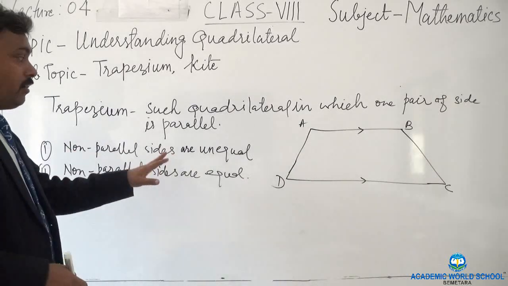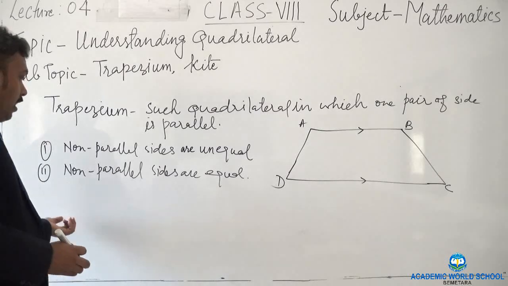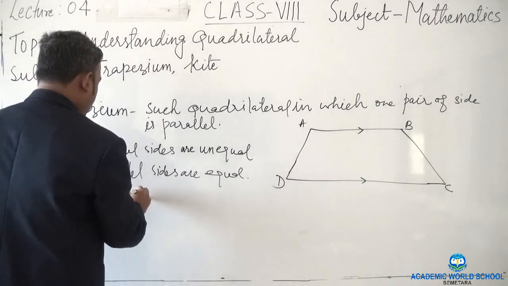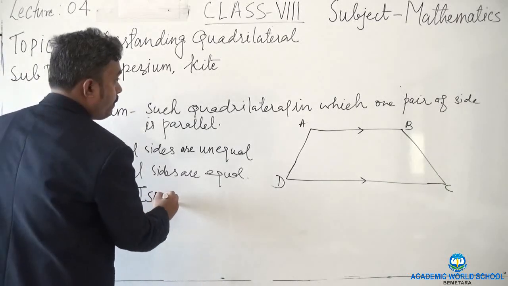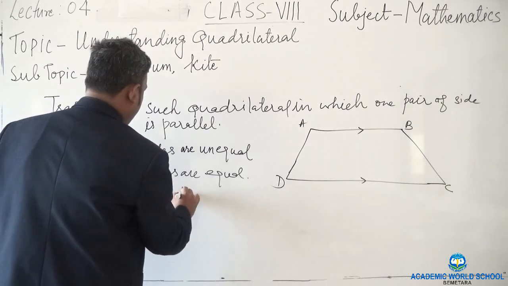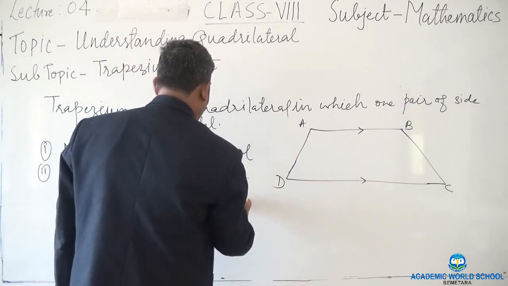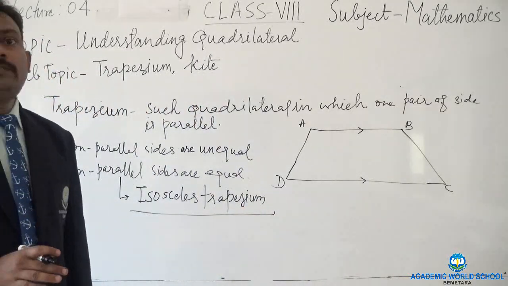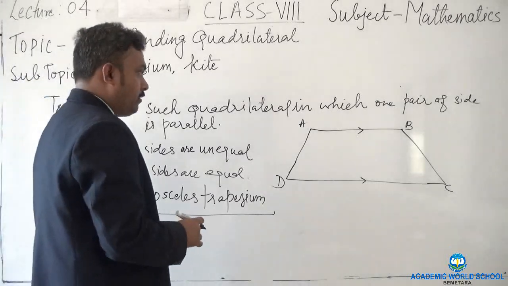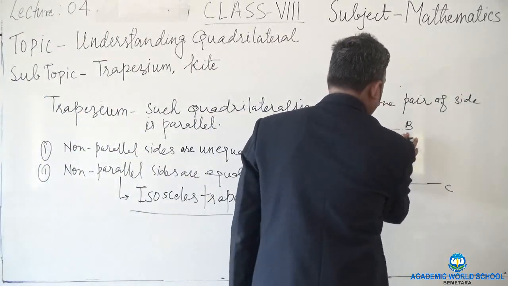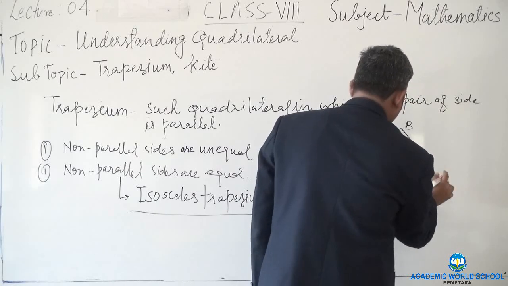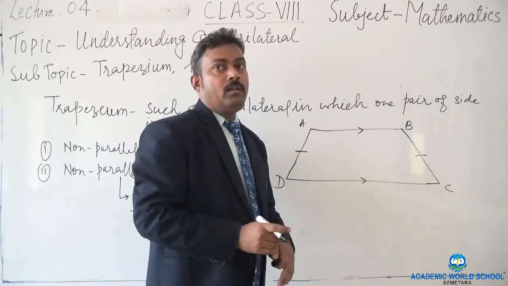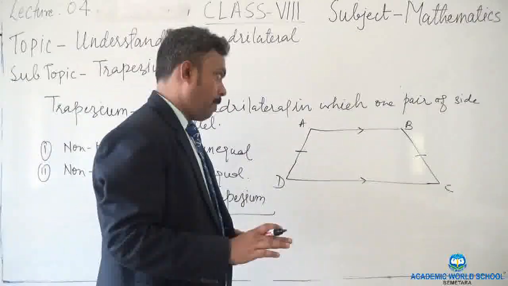When non-parallel sides are unequal, it is called a scalene trapezium, and when non-parallel sides are equal, it is called an isosceles trapezium. That means if the non-parallel sides are equal like this, if suppose this side is equal to this side, then this trapezium is called an isosceles trapezium.